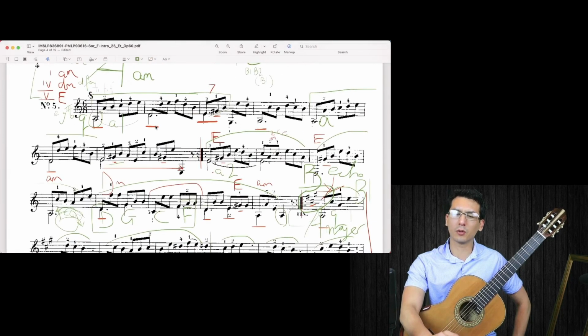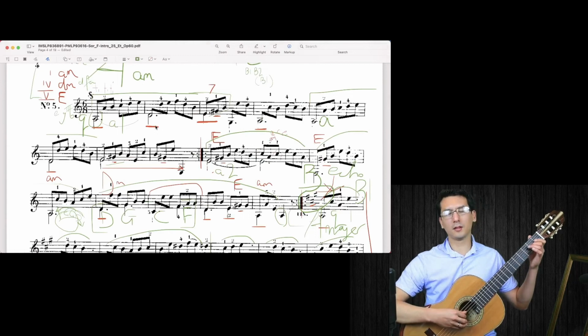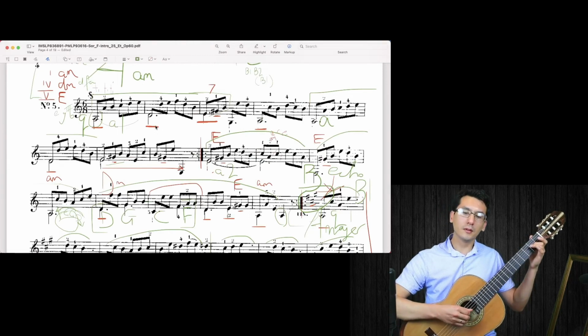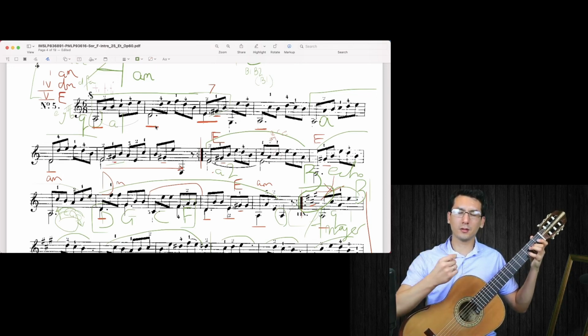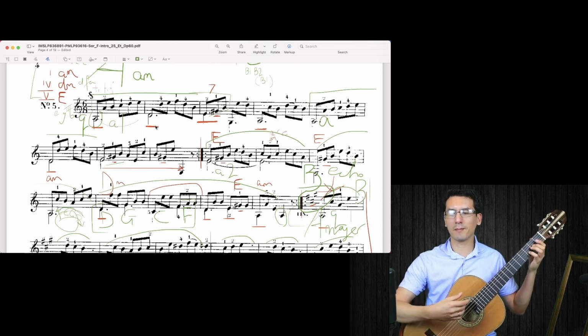Legato, yeah, it's really important. One of the ways I like to teach legato is, it might sound obvious, but it's really important to connect the decay of one note to the attack of the next note.